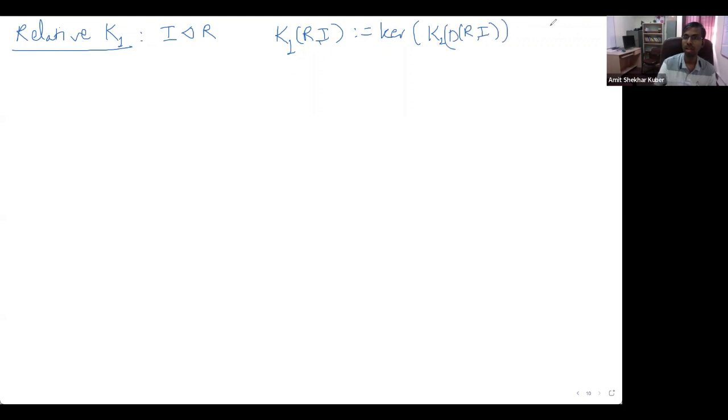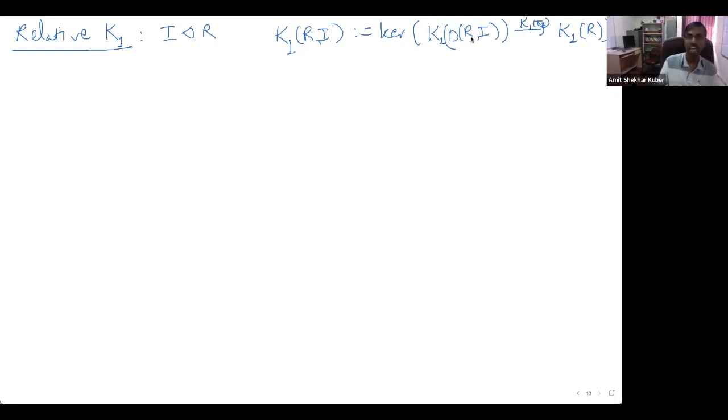Hopefully you remember the double of a ring along an ideal I. Same definition as before, nothing changes.